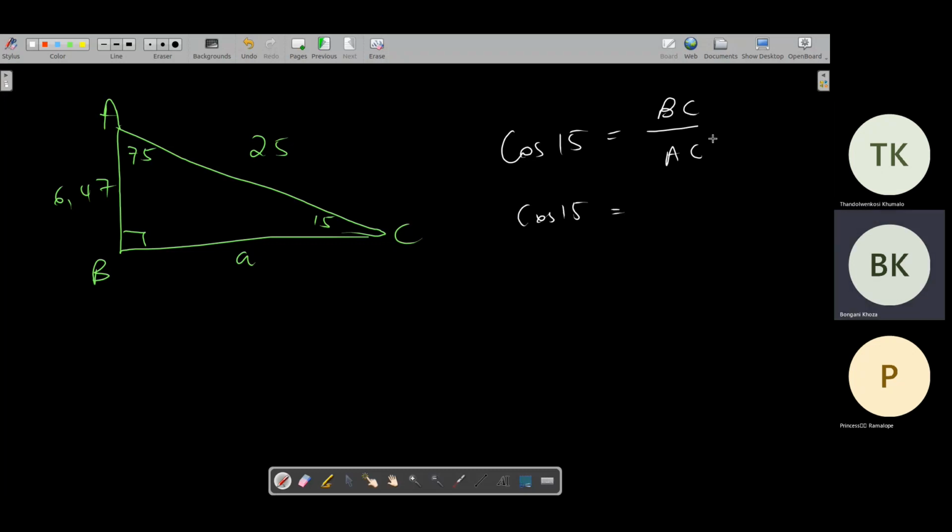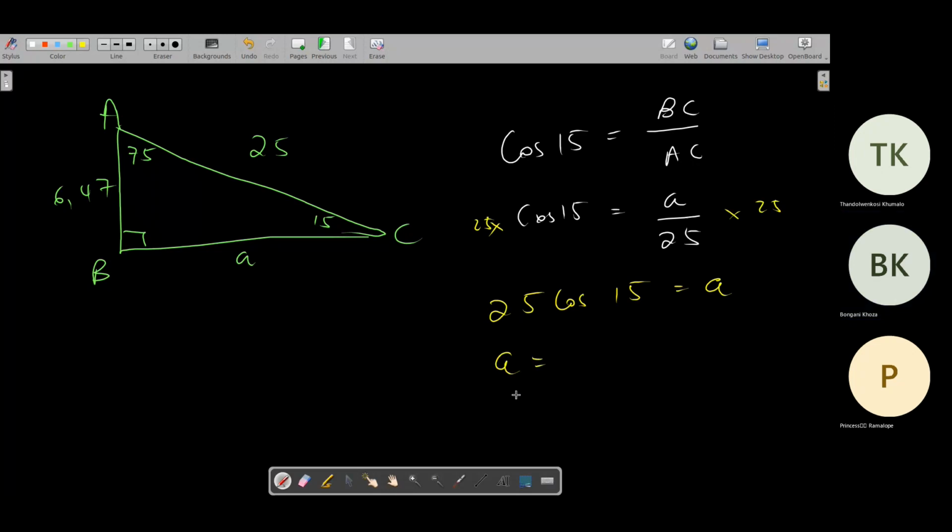Cos 15 equals A over a hypotenuse of 25. Then we do the same procedure, get rid of 25. So this will be 25 cos 15 equals A. What do we get? As you can see, this method is a bit shorter compared to the one we used for tan. What do we get?